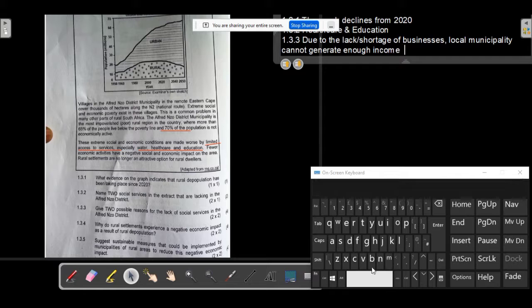Let's put in brackets here, from charges. We can say maybe property rates.